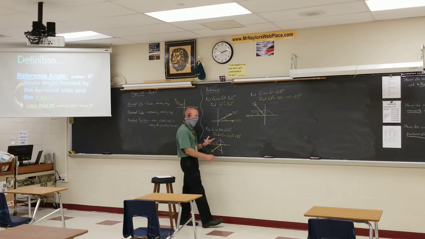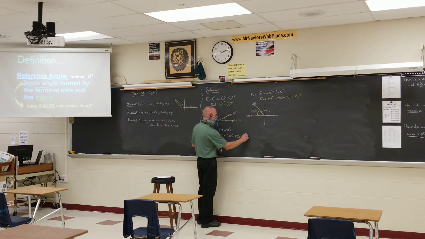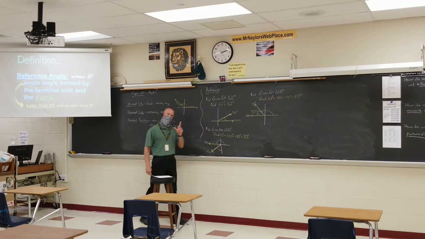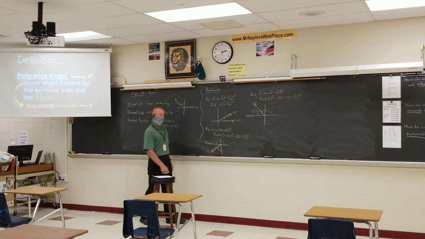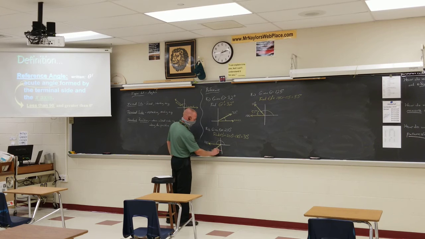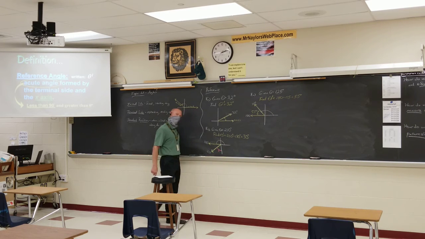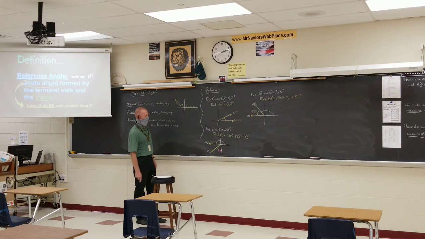But you're still finding the difference, right? You're still finding the difference. And the difference between the x-axis and that terminal side, 30 degrees, is your reference angle. Okay, be careful, not the quote-unquote empty space.